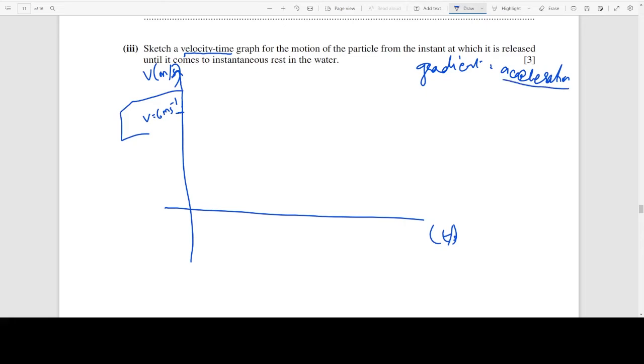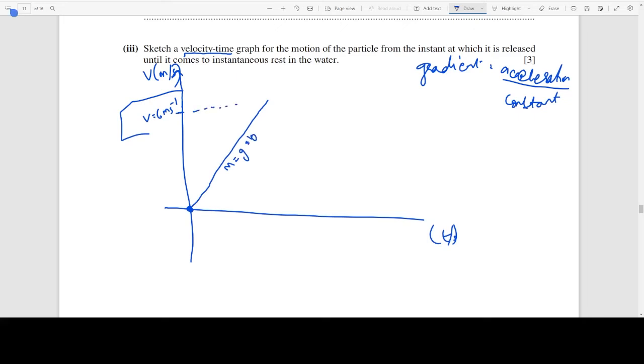Initially, till it reaches the water surface, acceleration, which is the gradient, is just the value of g, which is 10 meters per second squared, constant. Means the gradient is also constant, and the object is being accelerated, so the gradient is positive. It starts from rest, from 0, and goes up to this point, a straight line where the gradient is g, which is 10.